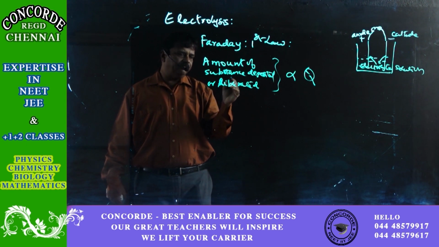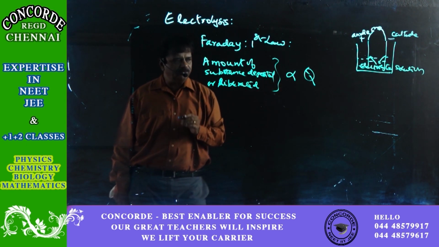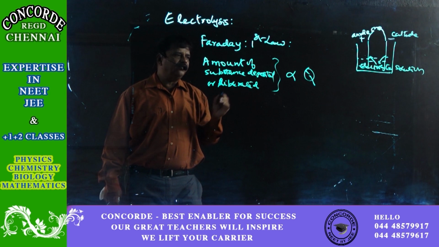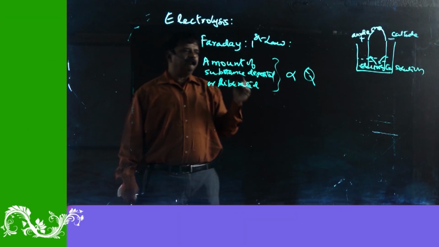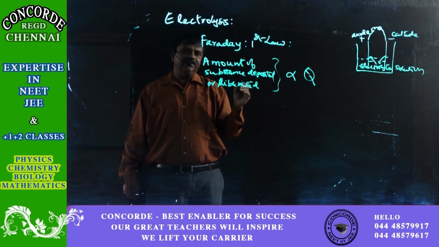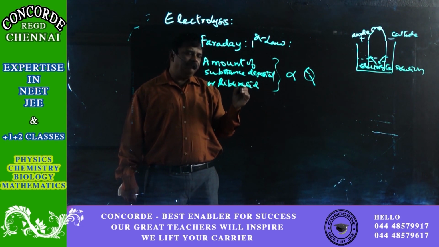So the amount of substance deposited or liberated is directly proportional to the quantity of electric current. Of course, what do you mean by quantity of electric current? Electric current is actually measured in amperes.